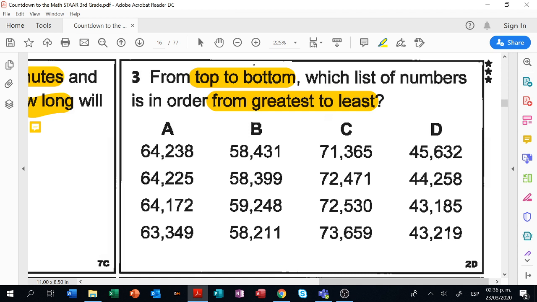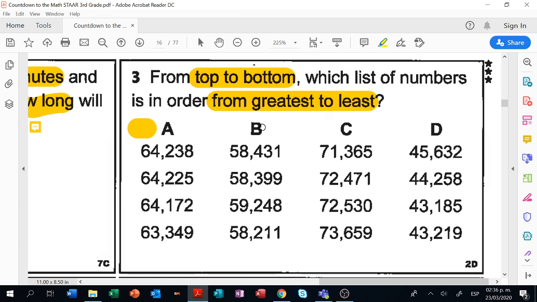Then this one here, 64,225, it is bigger than this one here. Okay. And at the same time, this one is also bigger than this. So I'm going to just put a bit of highlighter here because that might be my right option. Remember what we normally do in classes, we put a question mark right here because that might be our answer.